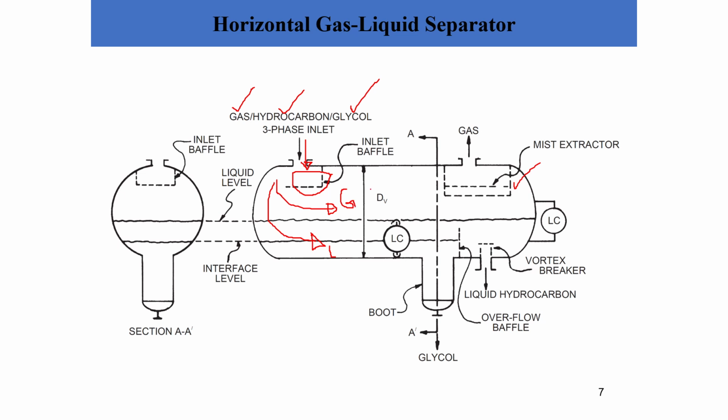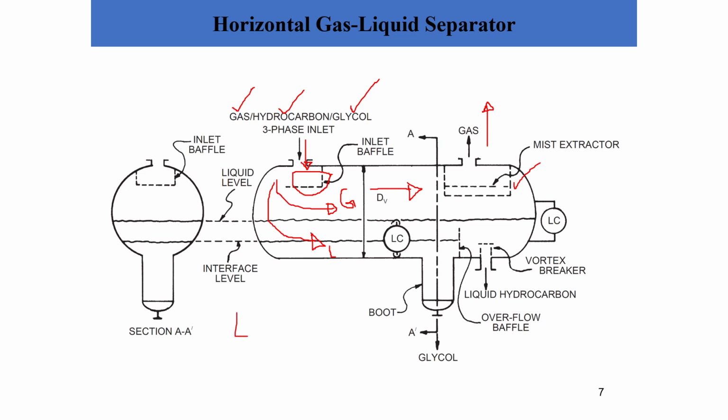Both of them will continue to flow in the horizontal direction because this is the direction of the separation, gas or liquid. Gas will go to the demister in case we know that there are very tiny water droplets. Otherwise, it will go straight to the outlet, and it will give me what we call the gas stream free of liquid.